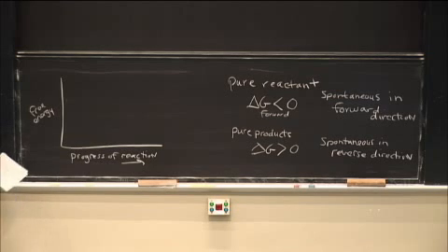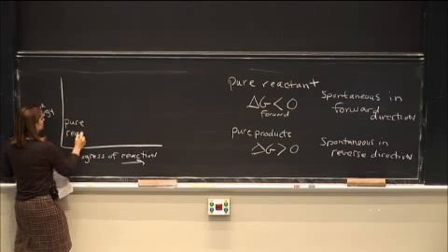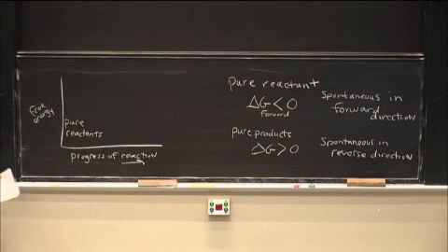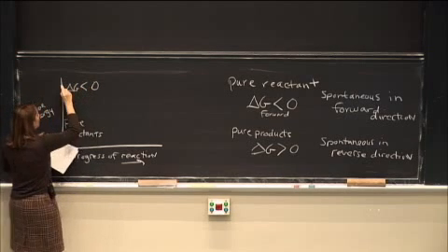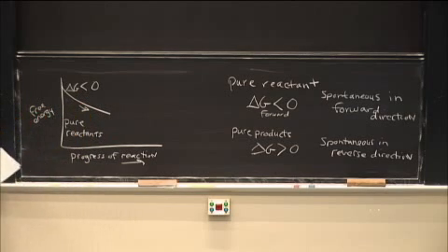So in the beginning, if you have pure reactants, delta G is going to be less than 0. And you're going to proceed along in the forward direction spontaneously.